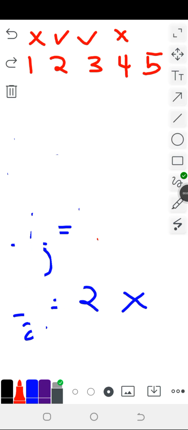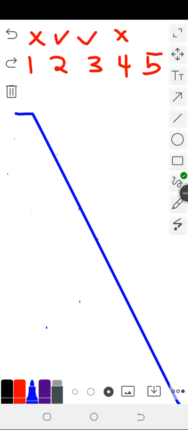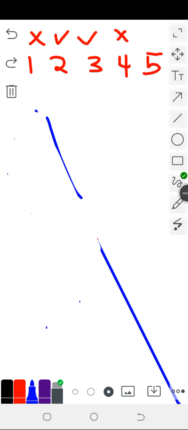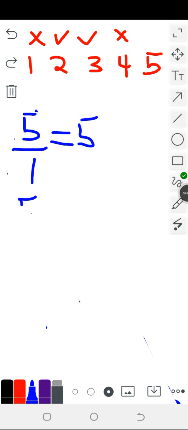Now, the next number after 4 is 5. Is 5 a prime number? We say yes. Now, 5 can divide 1 and itself only. 5 used to divide 1 will give us 5.